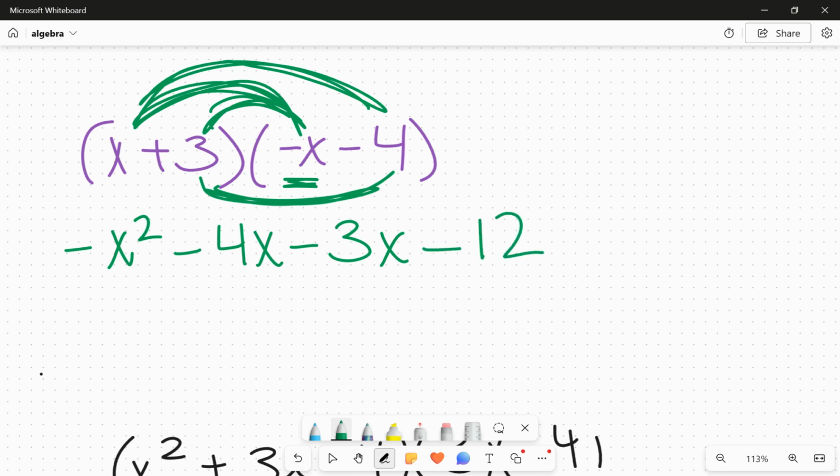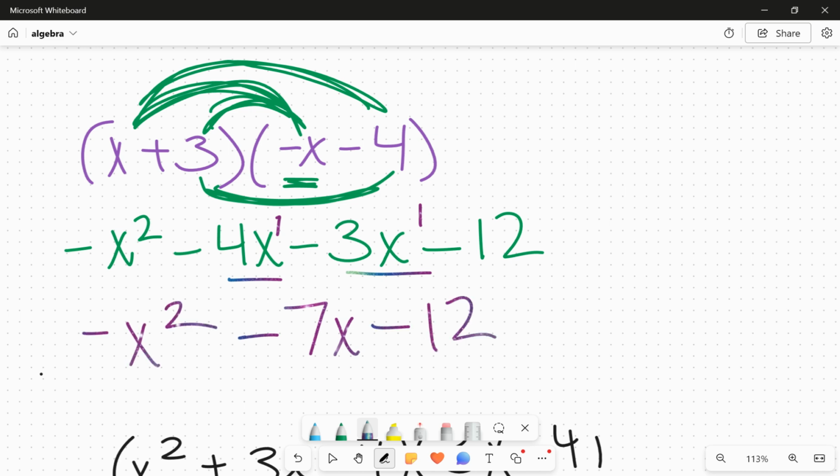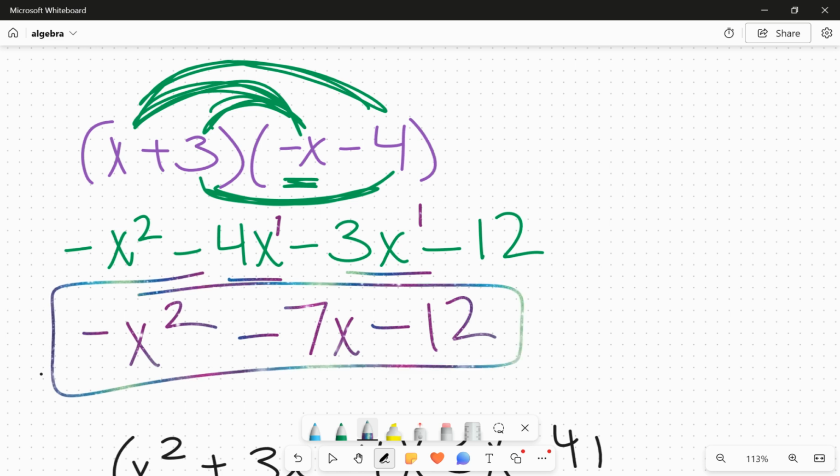Okay, now let's combine like terms. Let's find power numbers with the same degree. A 1 and a 1. -4x minus 3x combines to be -7x. And we're done.